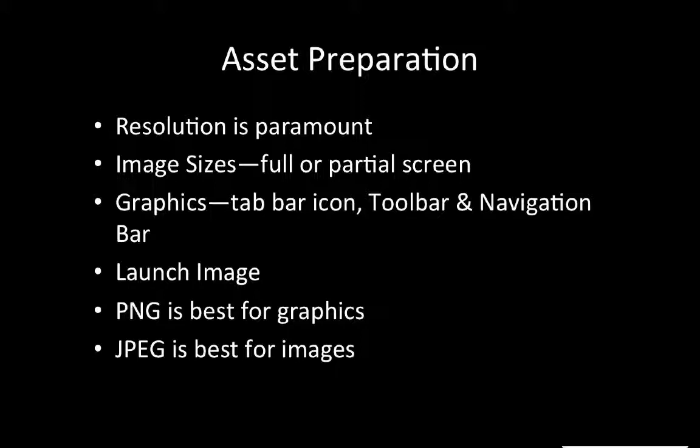And then if you customize buttons, you want to at least have them be a minimum of 44 by 44. Your launch image, of course, if it's locked into portrait mode, you want to keep it at 640 by 1136 pixels. And then save your files in PNG for graphics and JPEGs for images.